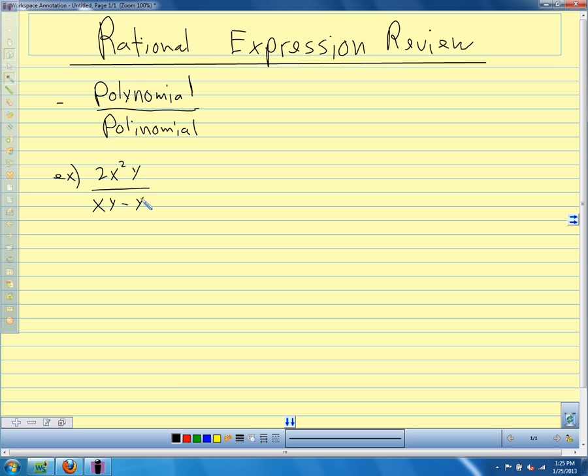Our basic tools for simplifying rational expressions are to factor, cancel, and find a common denominator. So we're looking for opportunities to factor, we're looking for opportunities to cancel, and when we add or subtract, we have to find common denominators. That's going to be our main thing.